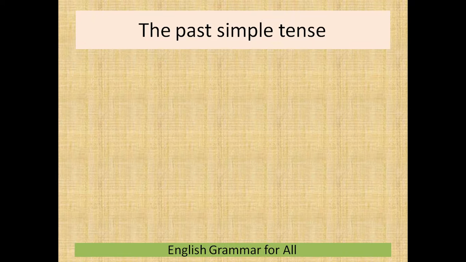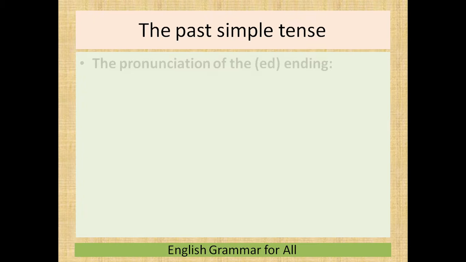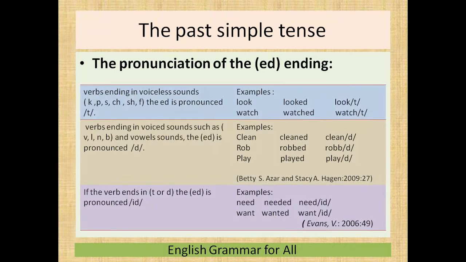As for the pronunciation of the ed ending, for verbs ending in voiceless sounds k, p, s, ch, sh, f, the ed is pronounced t. Like for example the verbs look, looked, watch, watched.